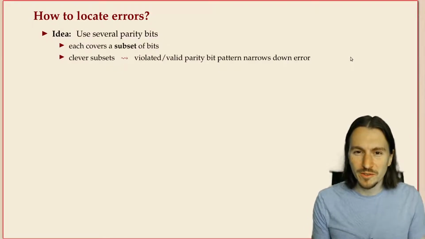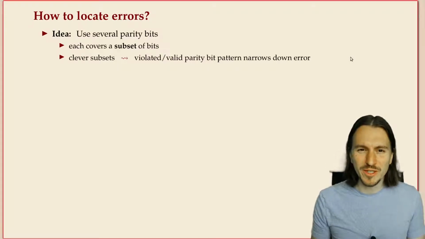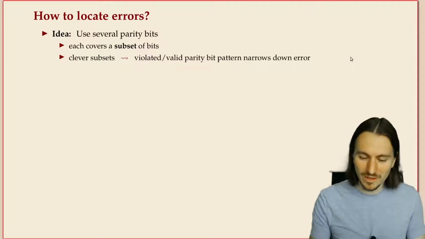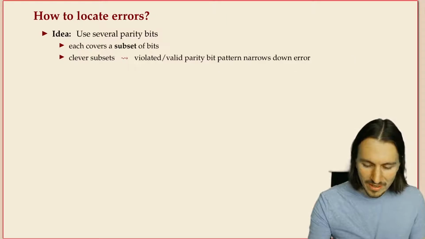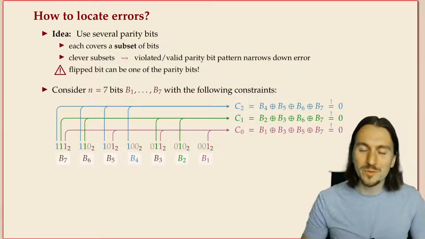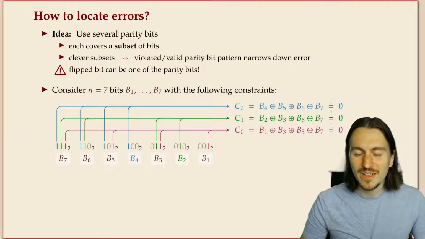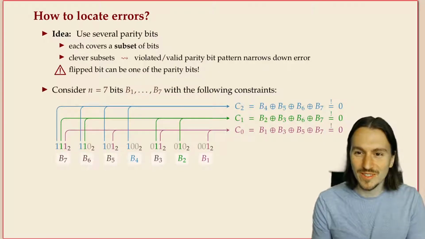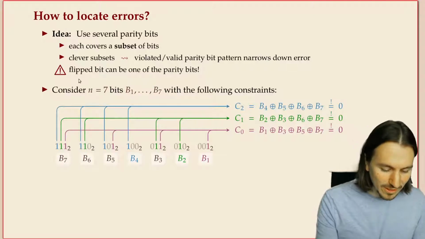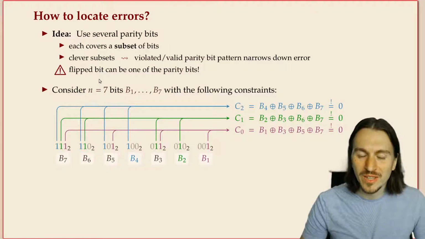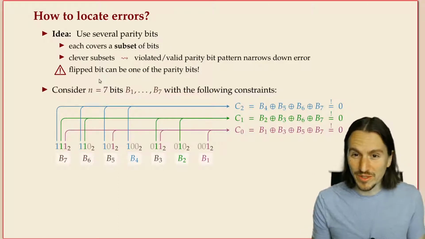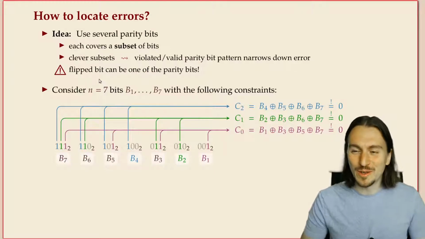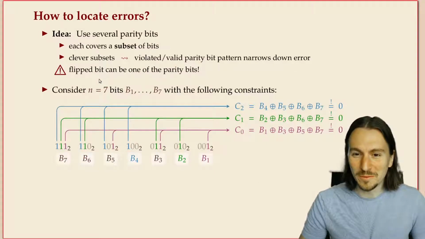The only question is, how do we use parity bits in a smart way to achieve that? That seems not quite obvious how to do. But it turns out this is entirely possible with the following setup. I'll go through this in a second. I just want to point out this one here. We cannot rely on the bit flip to occur in the data bits. It can also be one of the parity bits, and we have to live and cope with that just as well.